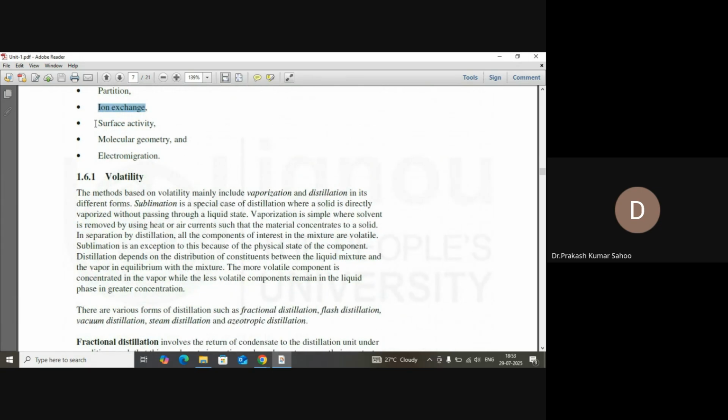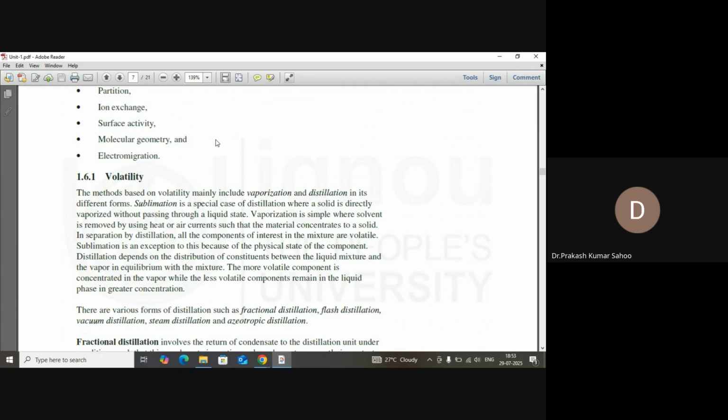Surface activity depends on the adsorption phenomenon. Different particles get adsorbed on the surface of the adsorbent, and depending upon the strength of adsorption, they get separated.